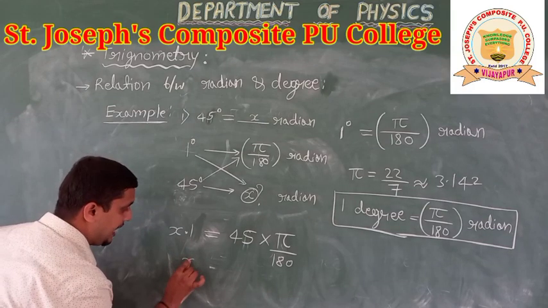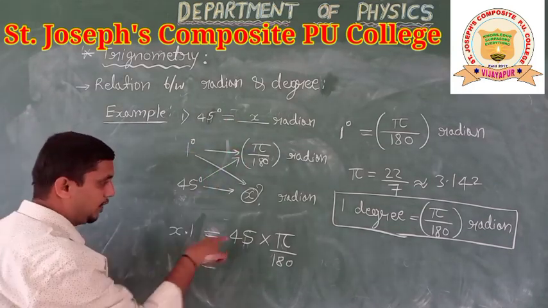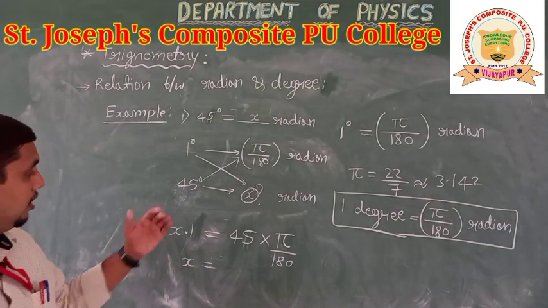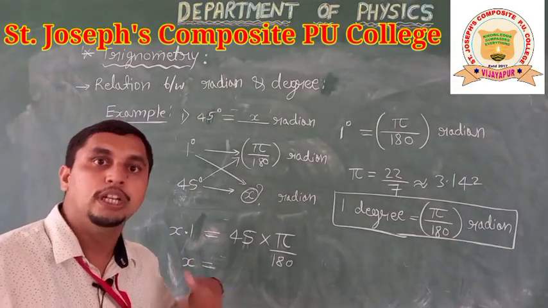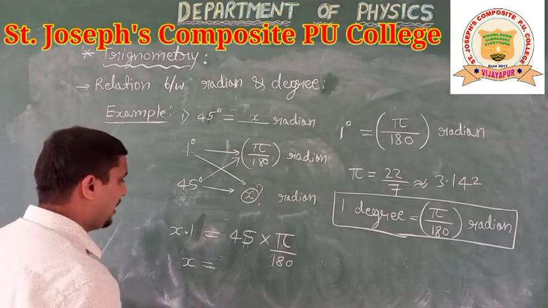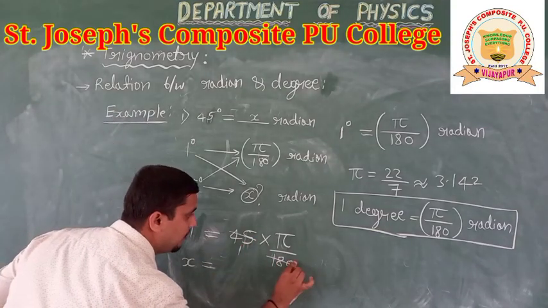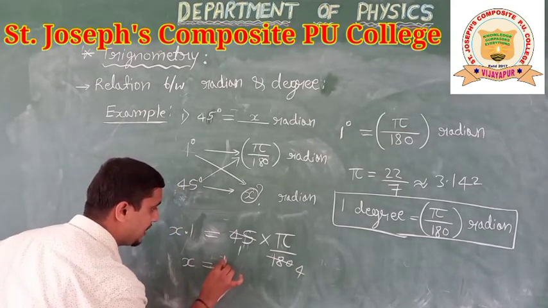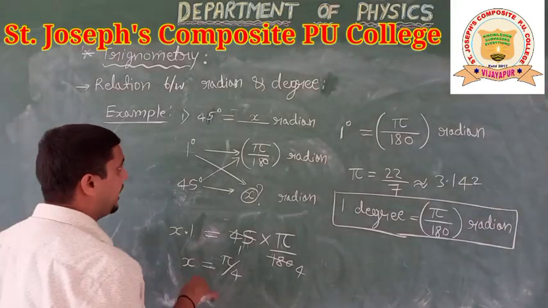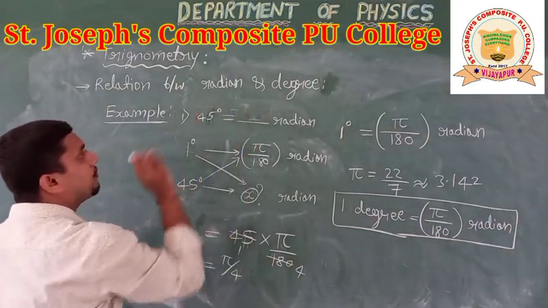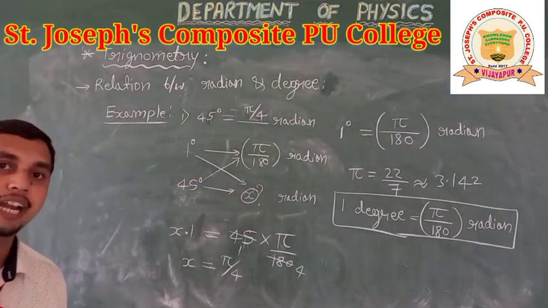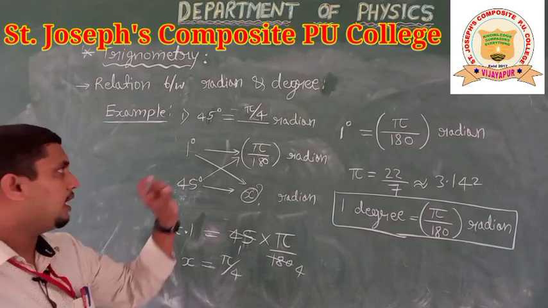We have to find the value of x, therefore x is equal to 45 pi divided by 180. 45 into 2 is 90, into 4 that will be 180. That is very simple. 45 ones are 45, 45 fours are 180, therefore x is equal to pi divided by 4. I hope you got an idea, it is clear.